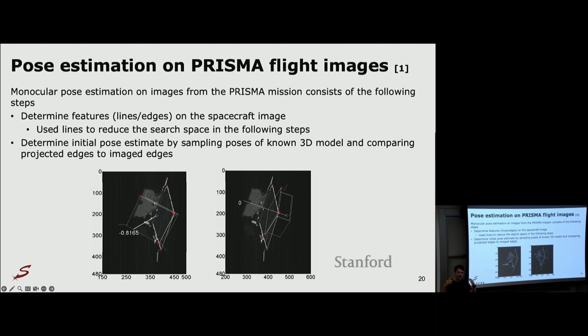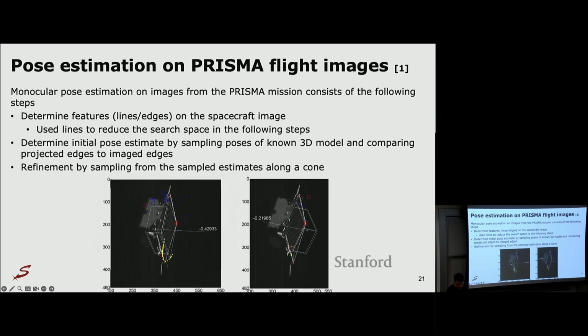You get a pose, you project it to 2D, you compare with the lines that you saw in the image, and that gets you an error. The error is minimized by walking around the cone. So again, these are better, still not great, but we're not done.